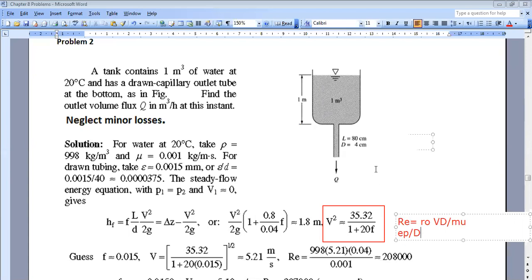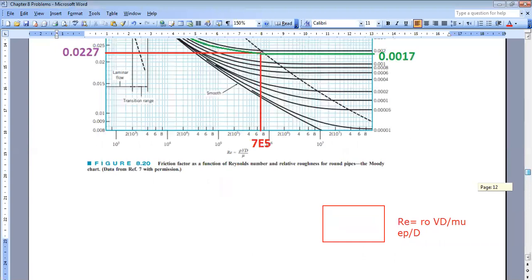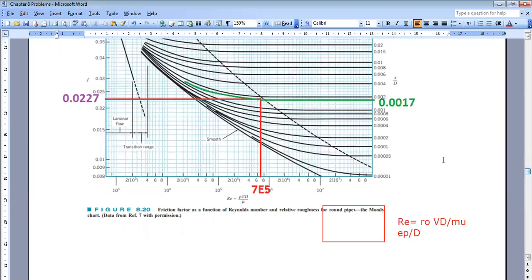What is epsilon over D here? It's 0.000375. I can go to the Moody chart. Let me see if it's here. Okay, I didn't put it here for you, but let us do it together. 0.000375 is close to 0.0004. The best thing is that if I draw the green curve, the flat curve, it will be on this level.